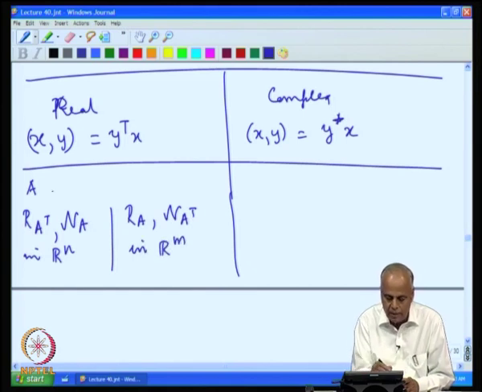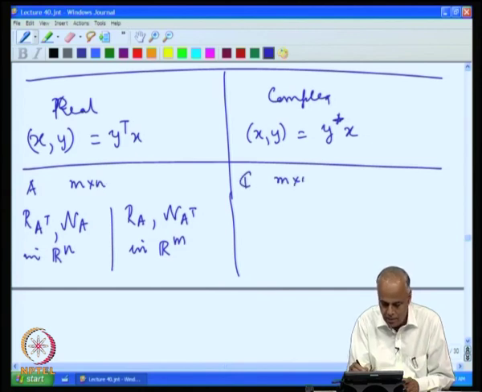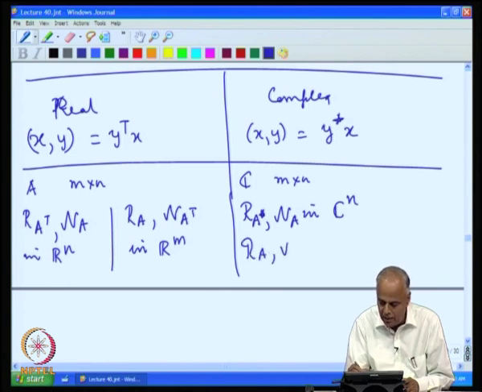In the complex case, we look at the range of A star and the null space of A in C n, and the range of A and the null space of A star in C m.